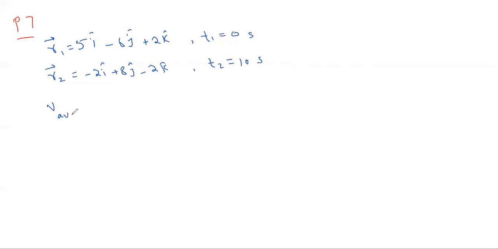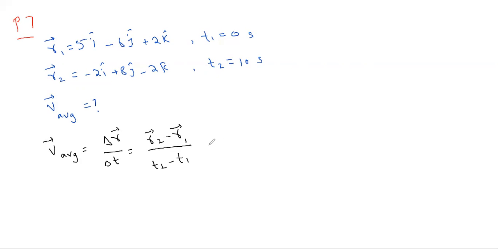And we know that V average equals delta R by delta T. This is R2 minus R1 over T2 minus T1.